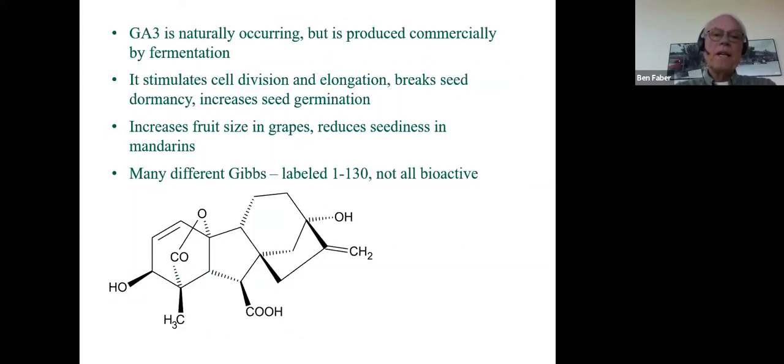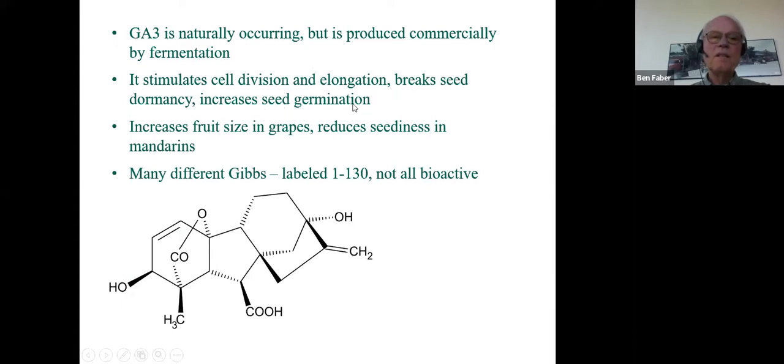So GA3 is a naturally occurring, again, hormone in plants. It's produced commercially through fermentation, big vats, just like beer, and it's extracted the way alcohol would be from a fermentation. It stimulates cell division and elongation, we know that. It breaks seed dormancy.